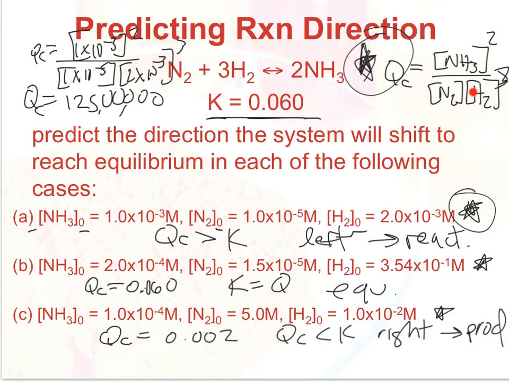You plug those initial concentrations into your reaction quotient, and then you compare your value of Q to your value of K. Depending on how they're related, you can establish if you need to shift towards reactants, shift towards products, or if you are in fact at equilibrium.